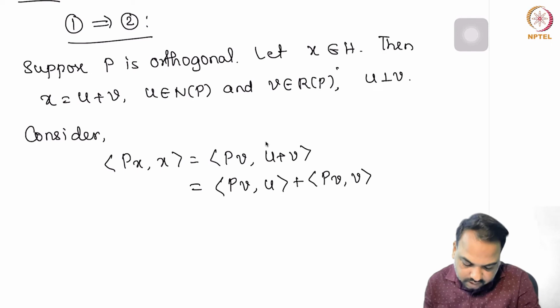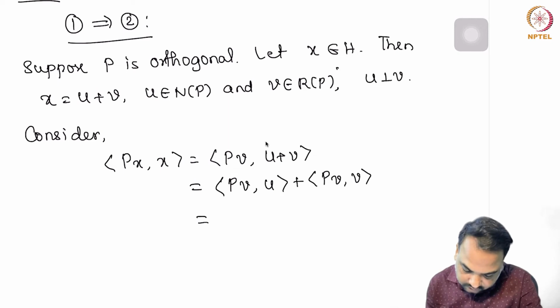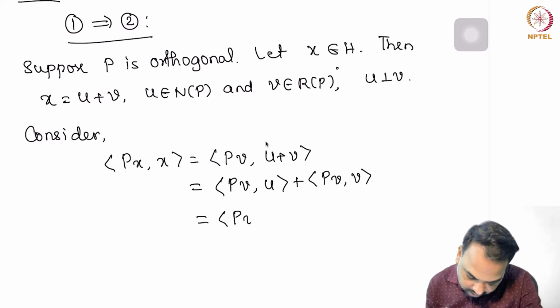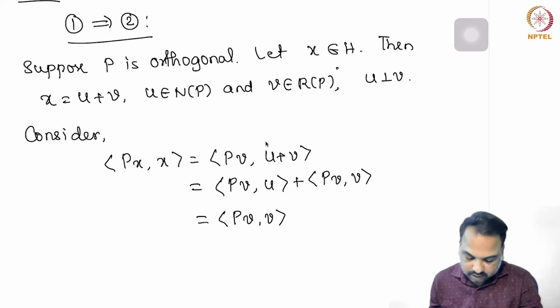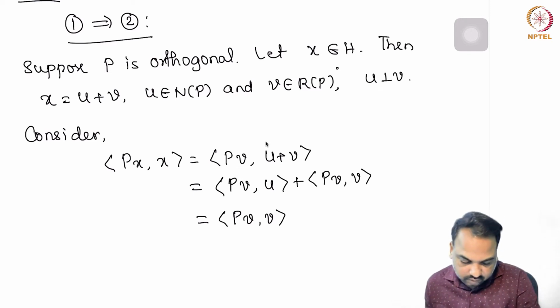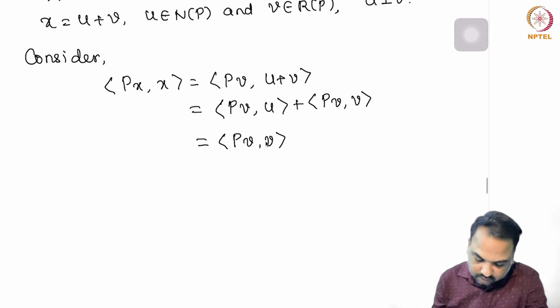Now Pv is an element of range of P and u is an element of null space of P, so they are orthogonal. So the first term is 0, so you will get Pv and v inner product. Now whenever we have an element in range of P, then we can say that Pv equal to v.